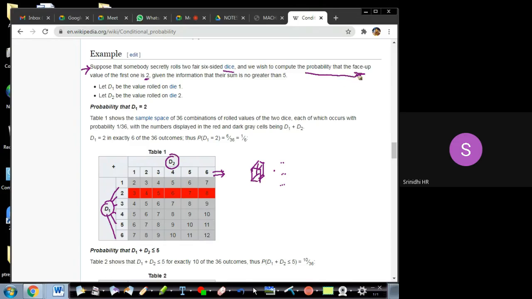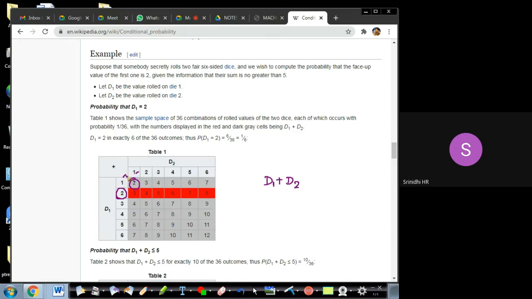Compute the probability that the face up value of the first die is 2. So in d1, he is only concentrating on this 2. What are all the values? In 2, I have just mapped like this: 1 and 1, sum is 2. 1 and 2 is 3, 1 and 3 is 4. These values are the sum of d1 plus d2.